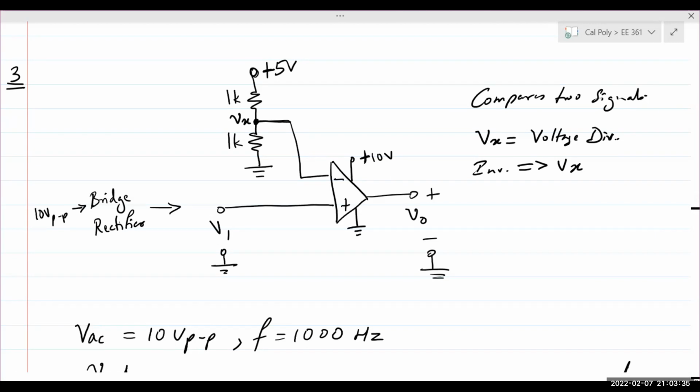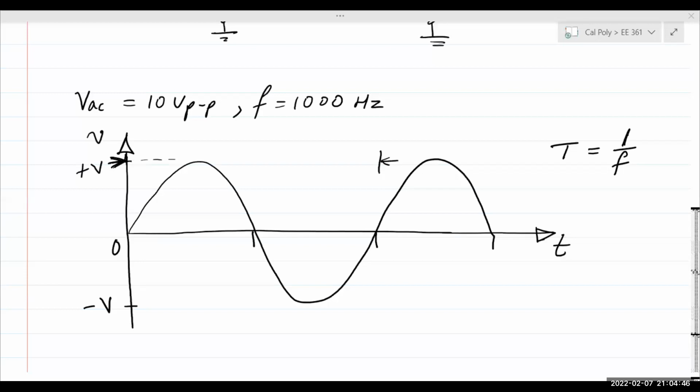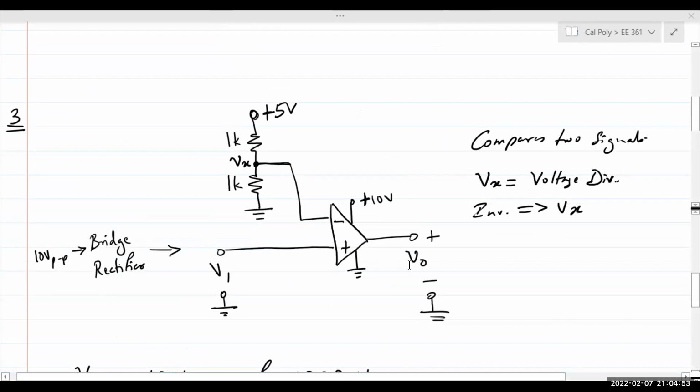So when the input V1 is larger than Vx, VO should go to plus 10 volts.